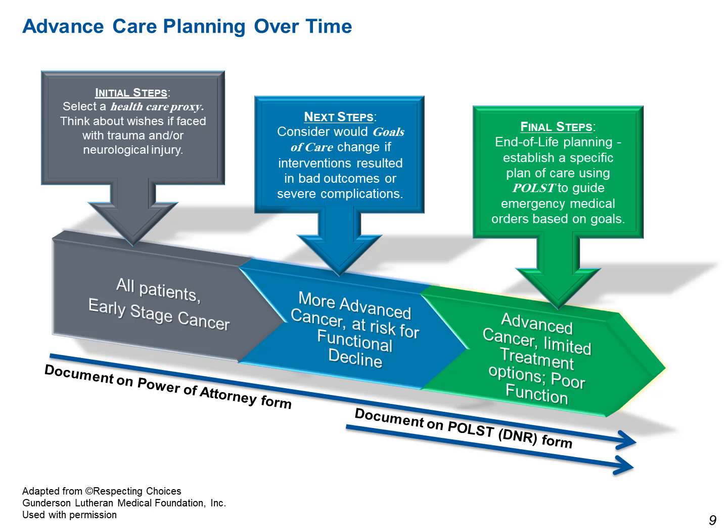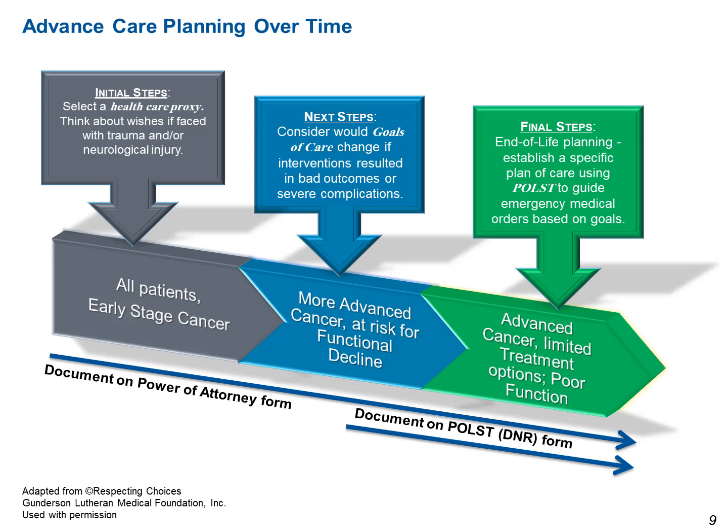The next step to consider would be goals of care, which change if interventions resulted in bad outcomes or severe complications. This applies to more advanced cancer at risk for functional decline. And the final steps are end-of-life planning, establish a specific plan of care, using POLST to guide emergency medical orders based on goals.